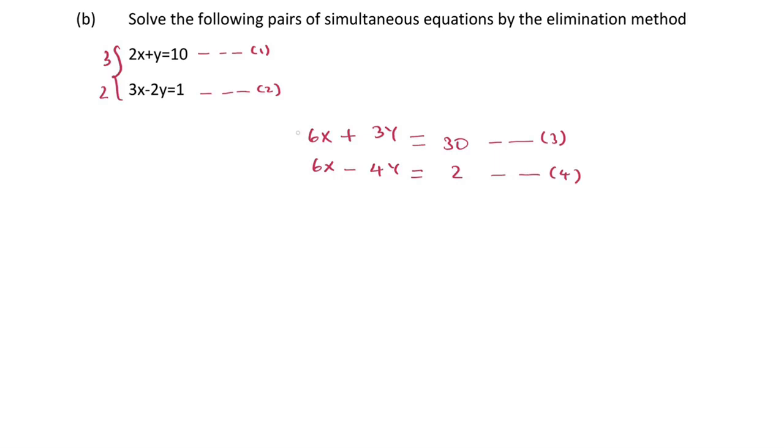Okay, so to eliminate x, we are going to take equation number 3 minus equation number 4. Then our equation is going to be 7y equals to 28. Let us now divide by 7 both sides. Then our equation is going to be y equals to 28 over 7, which becomes 4.